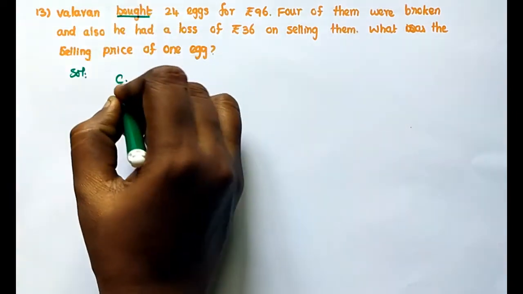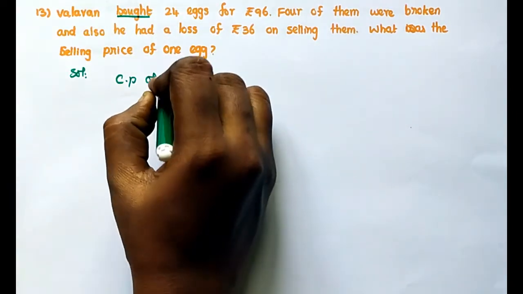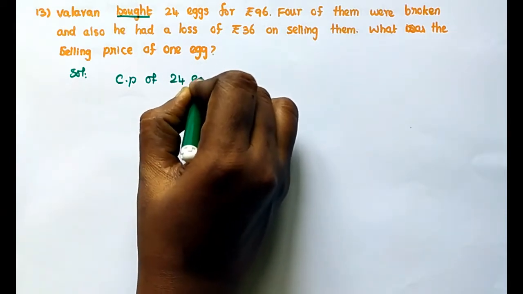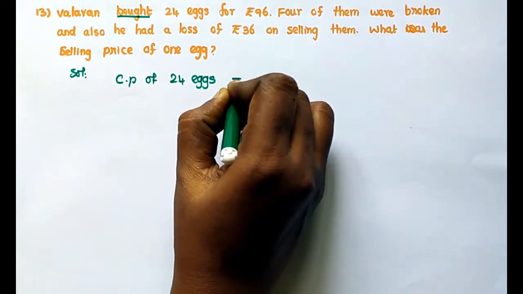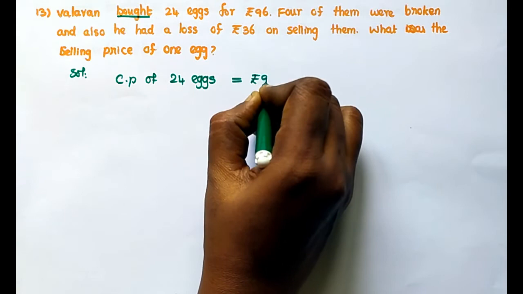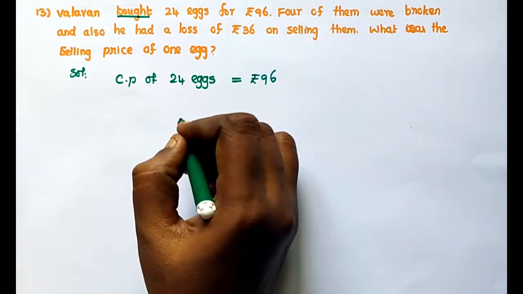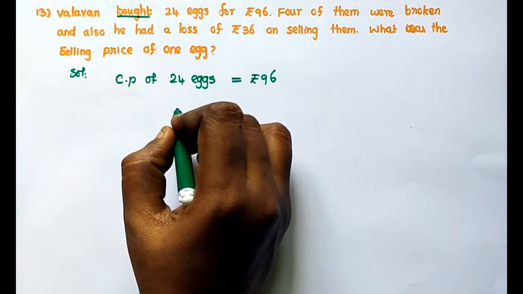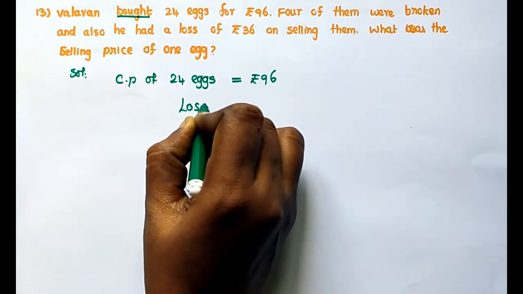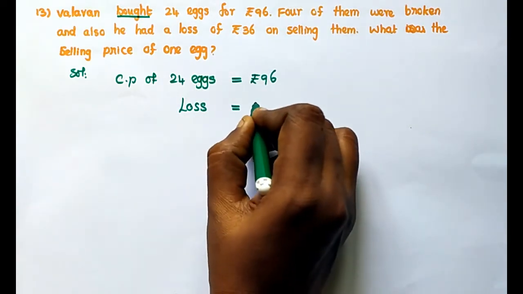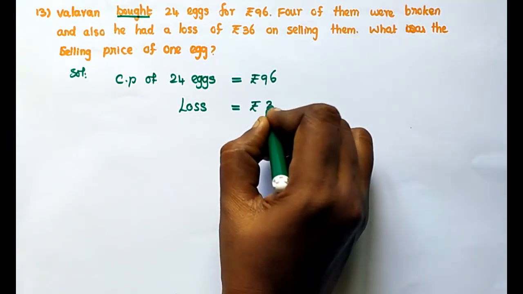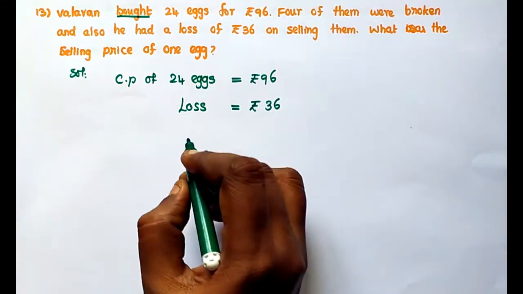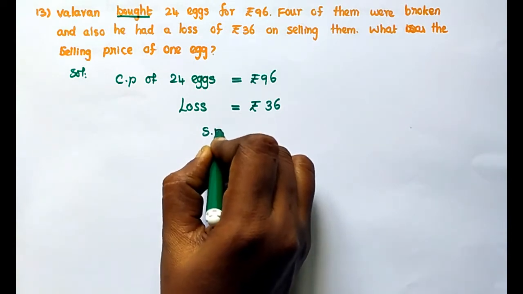Bought means that is cost price. Cost price of 24 eggs equal to rupees 96 and loss equal to rupees how much? 36 rupees loss.